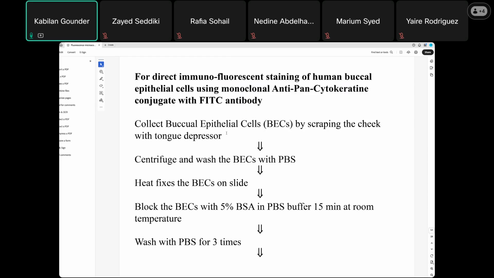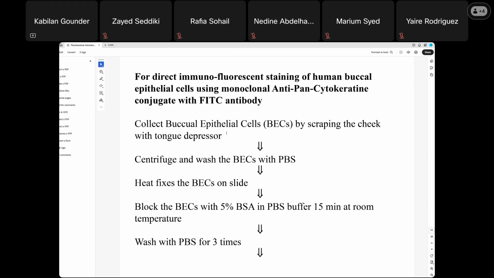Then you can centrifuge and collect the buccal epithelial cells, mix with PBS, and wash thoroughly once or twice. Now we have buccal epithelial cells in PBS. Then you take a drop of the buccal epithelial cells and drop it onto the slide.